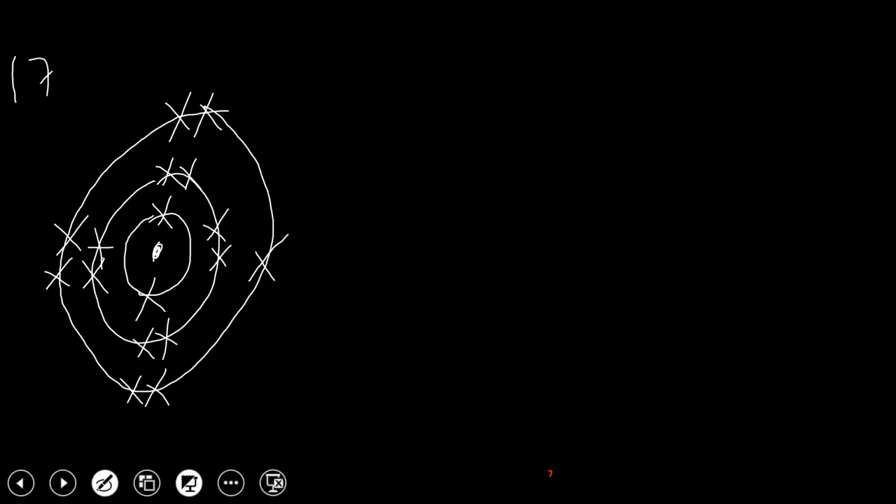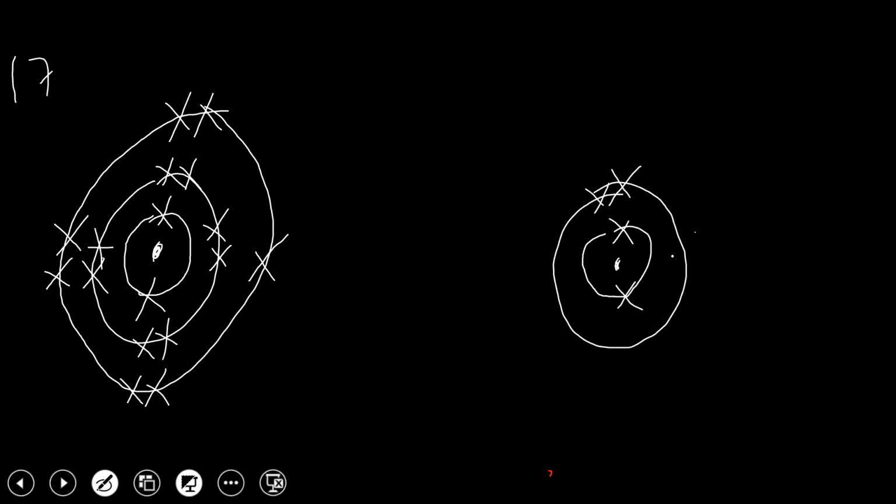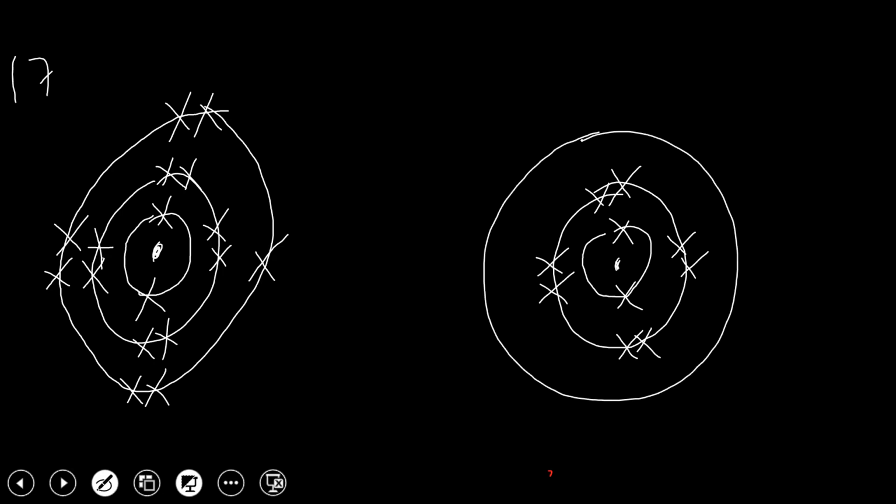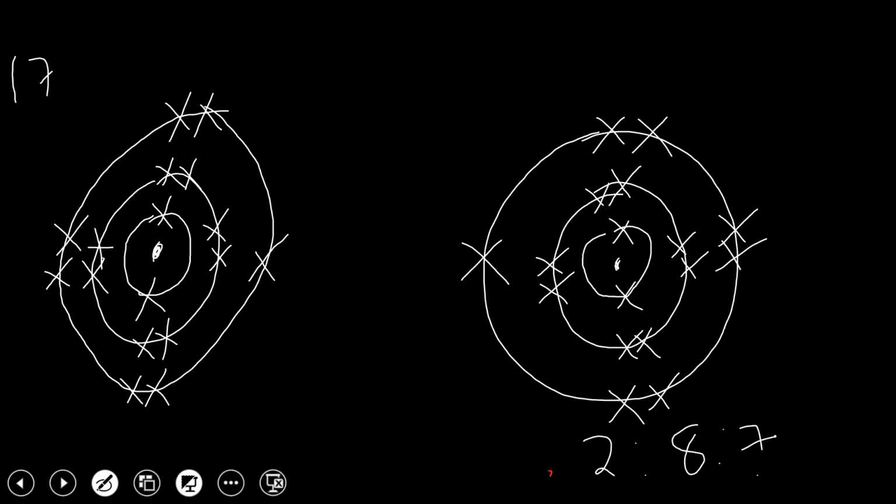The other atom is the same: the nucleus, an inner shell of 2, then 8, then 7. So this one is 2 to 8 to 7, and this one is also 2 to 8 to 7.